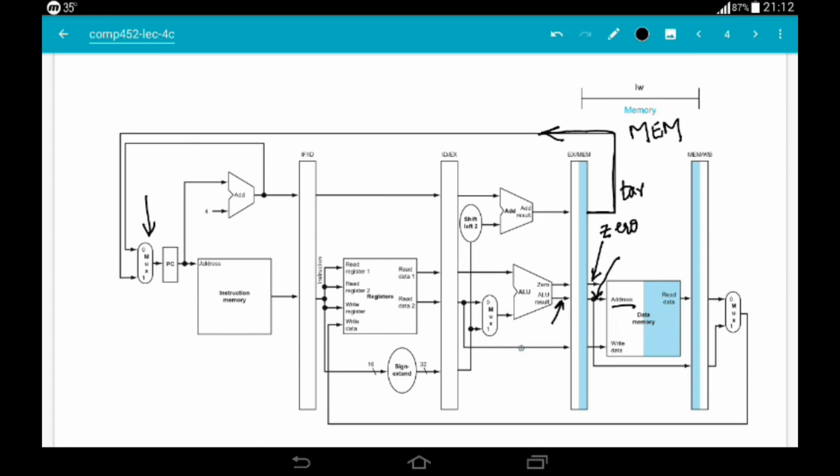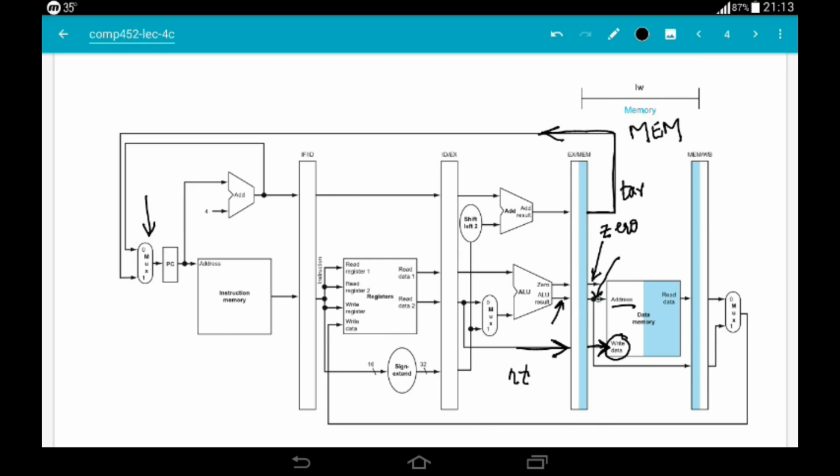And look, this value of RT register, it was stored in the pipeline register, and now it is being sent to the write data input of the data memory, but it's going to have no effect because in load word instruction data memory is not written to, so write data will be 0, so it doesn't matter if we place any value on these 32 lines or not.